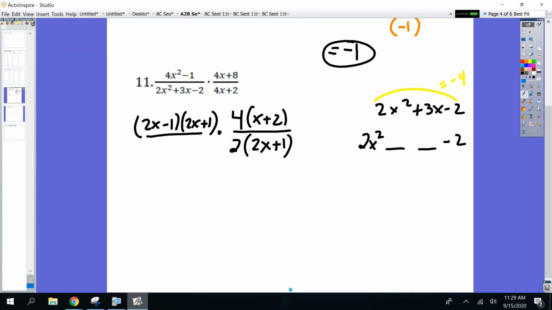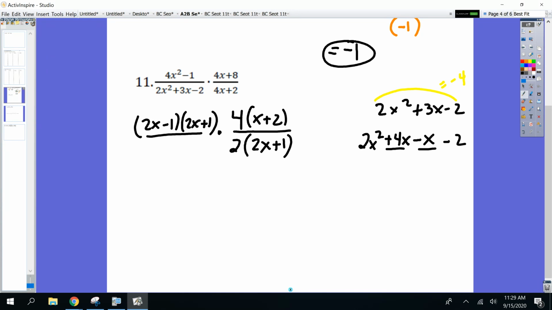Okay, you're going to get a 3 from those? No. Nope, me neither. So what's the other pair? Oh, 4 and 1. Okay, so what are the signs here? 4 and negative 1. Good job. So plus 4x minus 1x. And the order doesn't matter. I could have flipped those two.